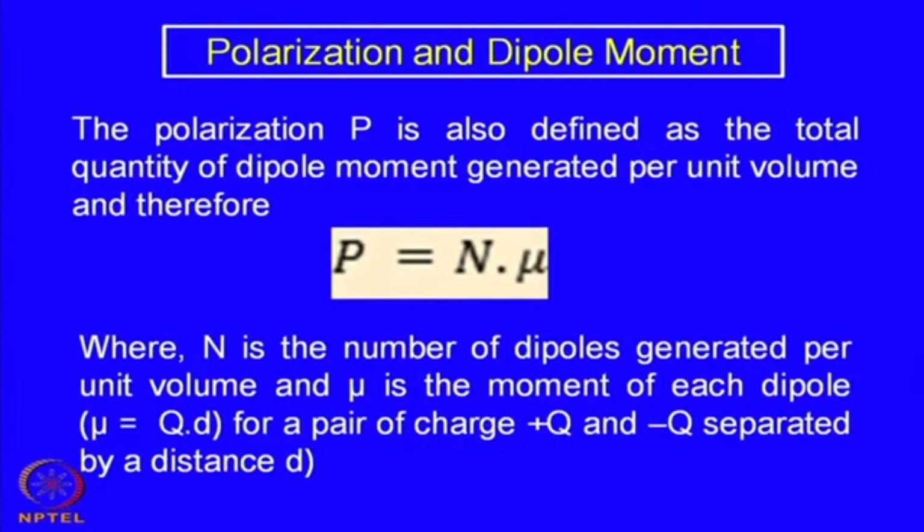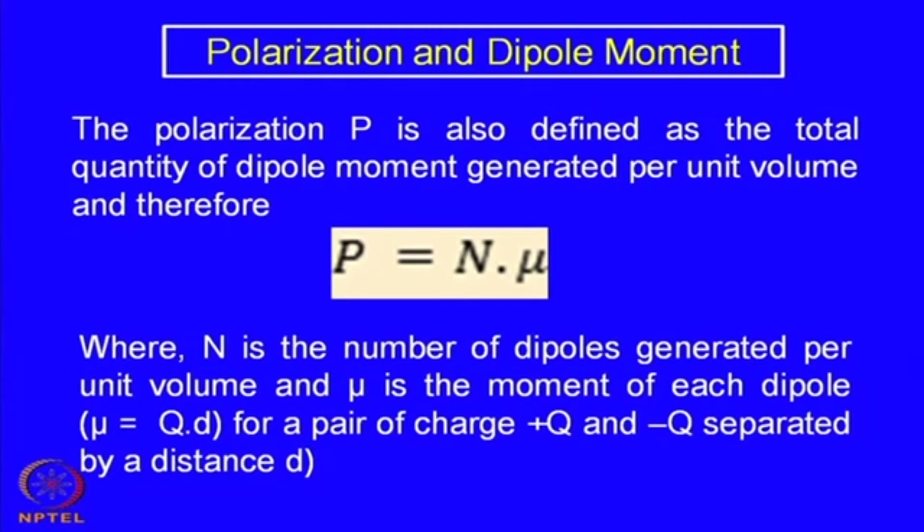We will also have a relationship because polarization is the result of creation of dipole moments within the material. The polarization P is also defined as the total quantity of dipole moment generated per unit volume of the material. So, that is the polarization. P is equal to n multiplied by mu. N is the number of dipoles generated per unit volume and mu is the moment of each dipole.